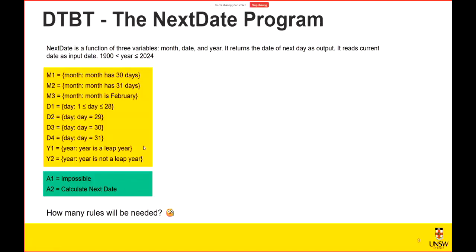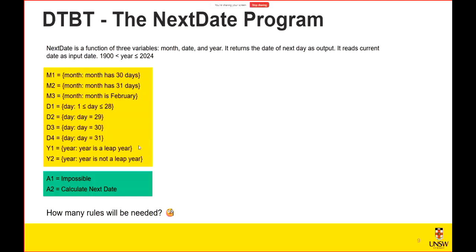So let's think about how many conditions we would actually use if we use a limited entry decision table, where each one of the conditions can either take true or false. So how many conditions do we finally need to use here?